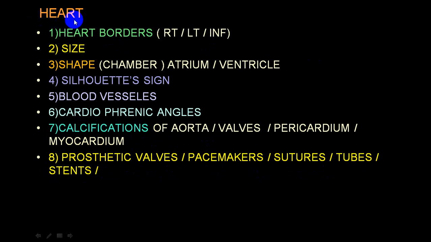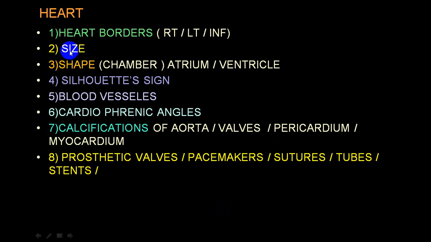If you want to look at the heart, it has to be an X-ray chest PA view, not an AP view, because an AP view will give a false idea regarding the size and shape of the heart. So do not comment on the size and shape.